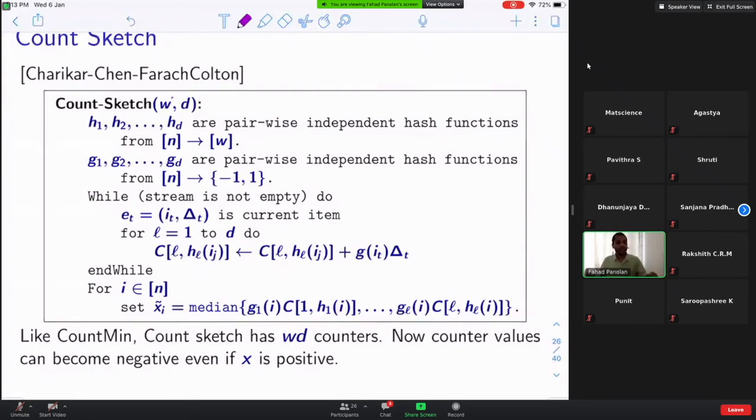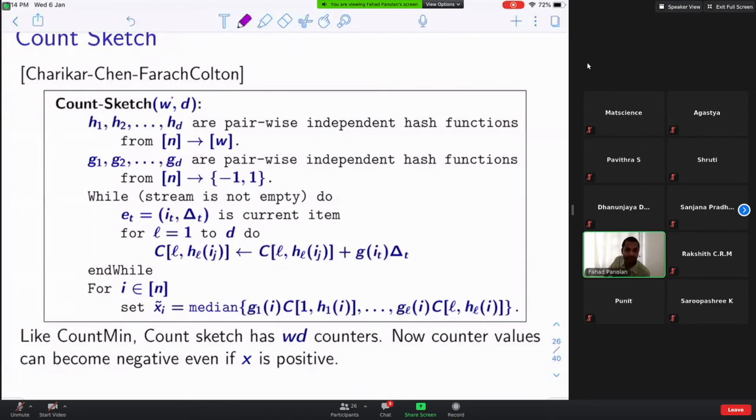The number of buckets to which the hash function does a mapping. It's slightly different. You will take H1, H2, up to HD. They are pairwise independent hash functions from N to W, so items to these buckets.